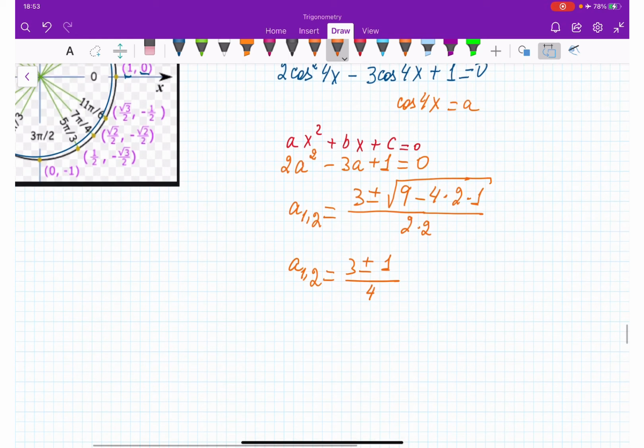And from here, a1 is equal to 1, a2 is equal to 1/2. Okay, once we are done, we are moving back to our cosine. So cosine 4x is equal to 1. Cosine 4x is equal to 1/2.